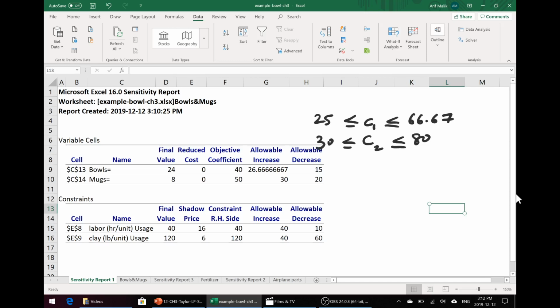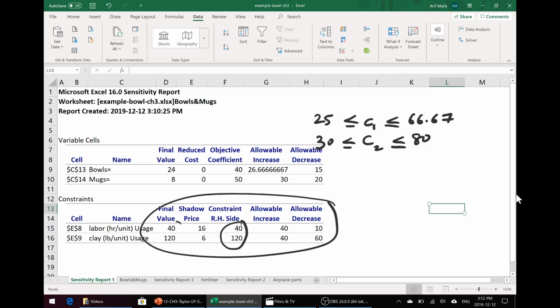Let's look at the second table here, which is related to the right hand side. The right hand side is 40 and 120, and the final value is also 40 and 120, which is telling us that both the constraints are fully used up, which means that slack is 0.